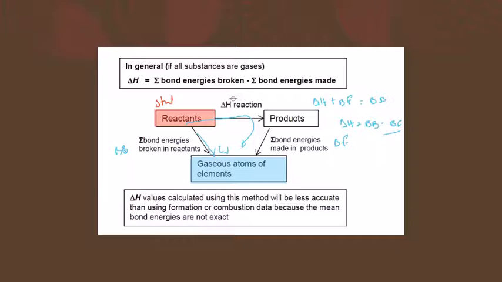But the delta H value calculated using this method is less accurate. What is the reason why this method is not accurate, compared to using formation and combustion data? Because the mean bond energies are not exact.